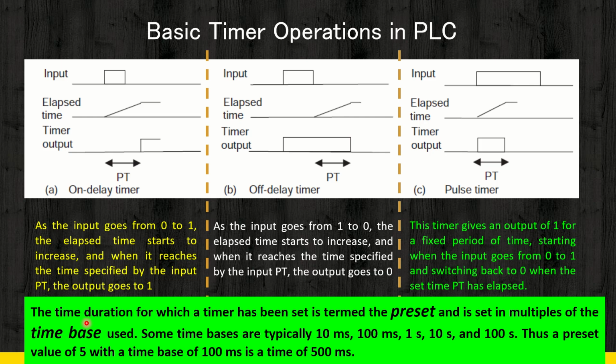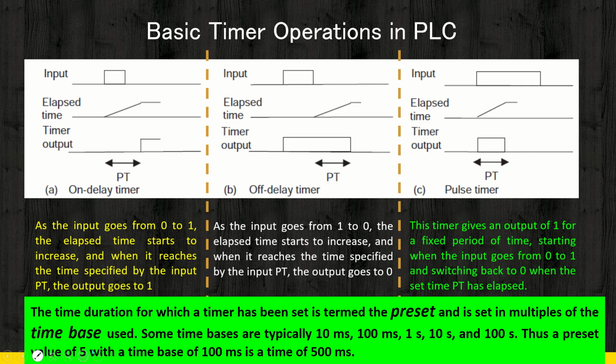Now you can see the time duration. Please remember, these are very important terminologies that you need to keep in mind. The time duration for which a timer has been set is termed the preset, for which you are actually programming the timer. It is set in multiples of the time base used.